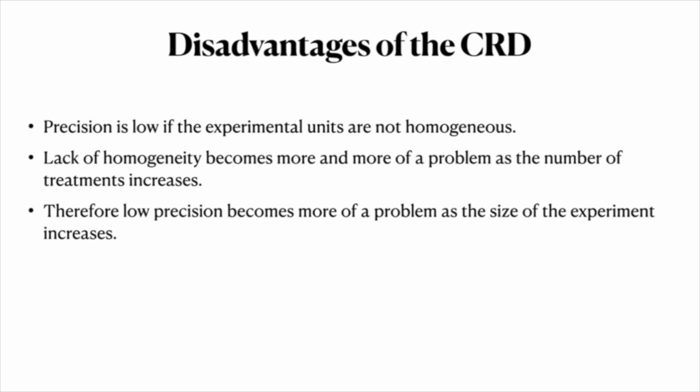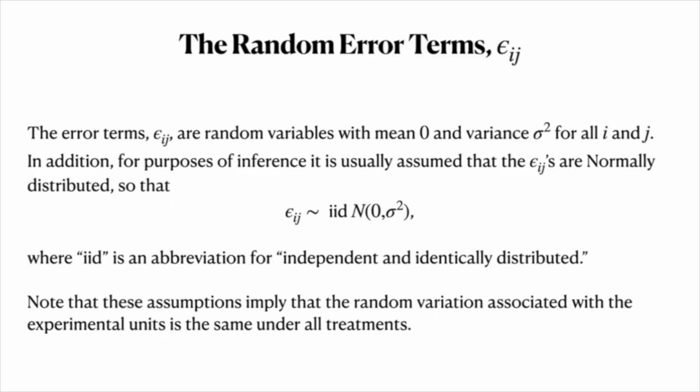Now, what that means is that the variance, let me go back here a few slides, okay? The variance, if your experimental units are very homogeneous, and if you're using good technique and measurement and things like that, then the variance of the error terms will be fairly small, and you'll have more power.